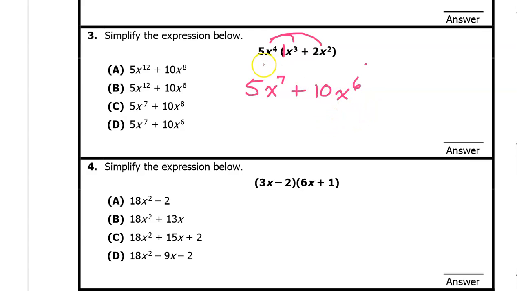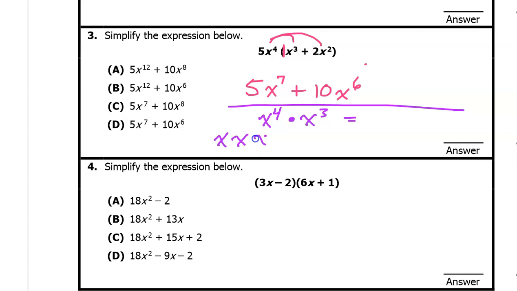By the way, the reason why you add the exponents, let me just do this off to the side real quick. When I multiply, for example, x to the 4th power times x to the 3rd power, a common mistake is to think, oh, won't that be x to the 12th power? The reason why it's not x to the 12th power is because you know that x to the 4th power means x times x times x times x, right? There's 4 x's.